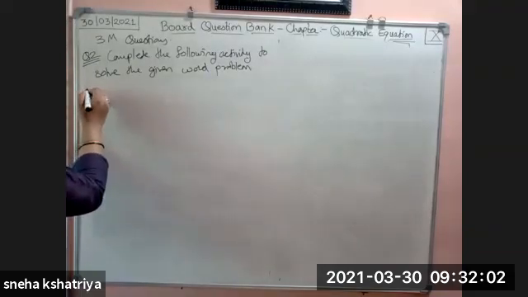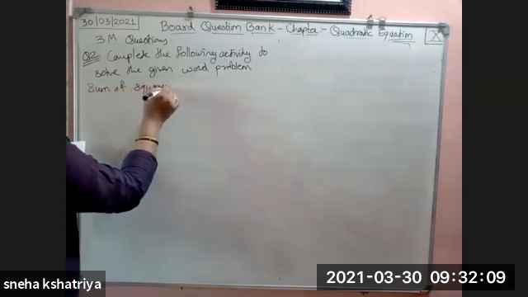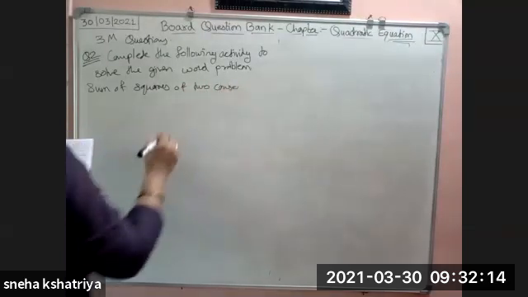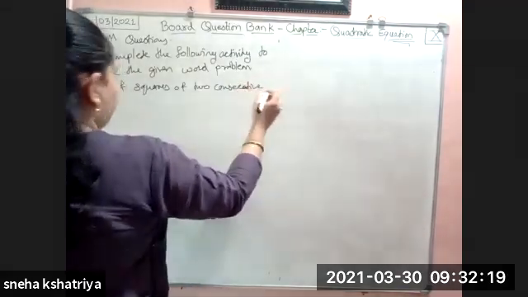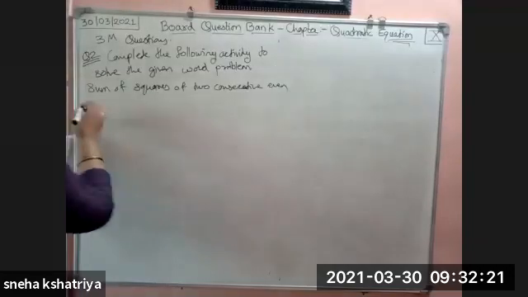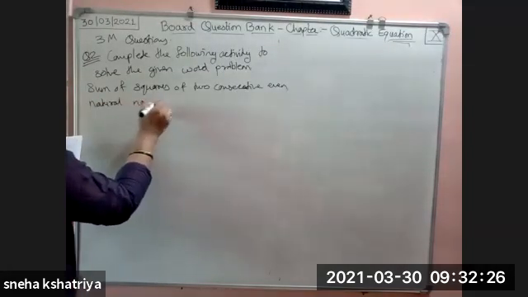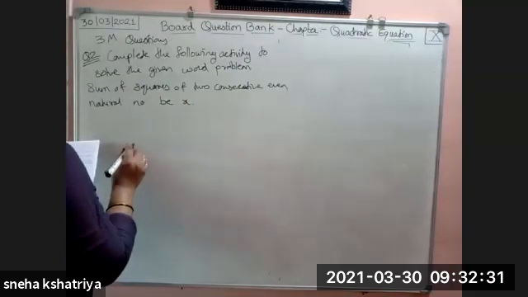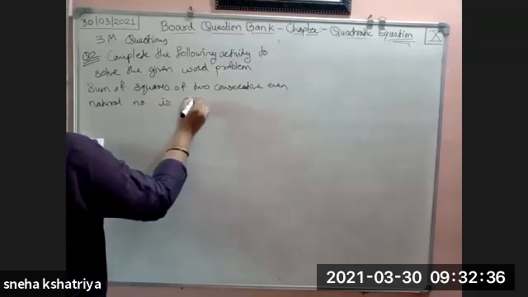Okay. What is the word problem given to you? That is: the sum of squares of two consecutive even natural numbers is 244.